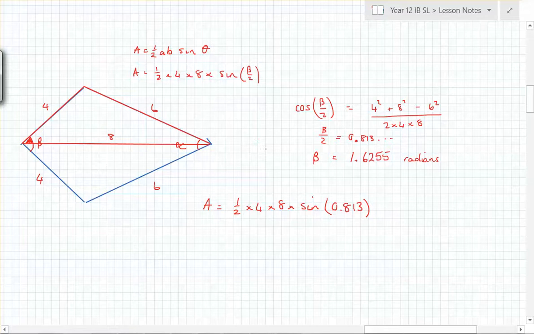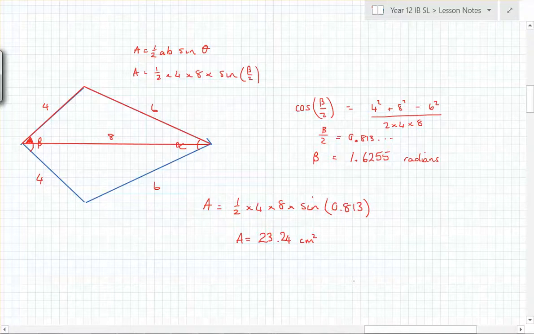That happens to be 23.24 centimetres squared. So check these values yourself, make sure that you can get them all. I've been through this, so we've got the area.